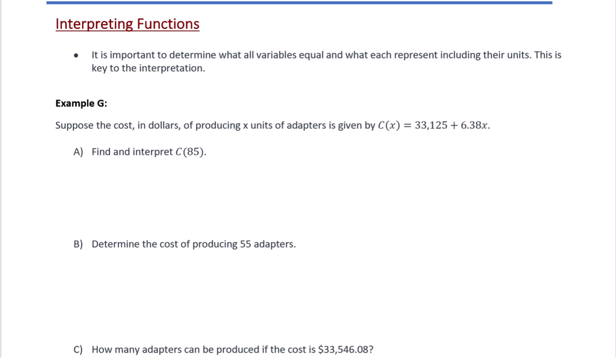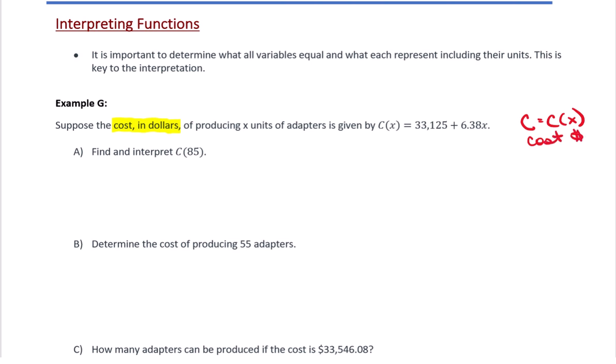Suppose the cost in dollars of producing x units of adapters is given by this function. What I like to do is take a look at how they are describing each of those variables. So I know they're giving us the C or C of x. Remember, they're the same thing. That is cost and it's in dollars.